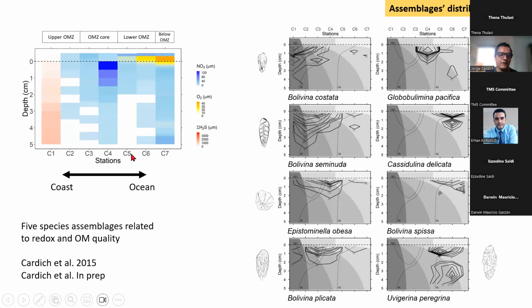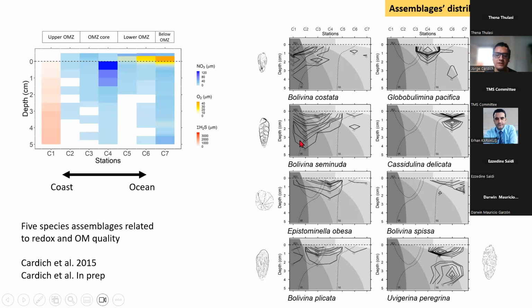And they respond to the redox in the pore waters. I have here in this left panel in red the sulfide concentration, in blue the nitrate concentration, and in yellow the oxygen concentration. As a TROX model, I highlighted the abundances of these 8 species of foraminifera. I wanted to talk very quickly about only 2 of them.